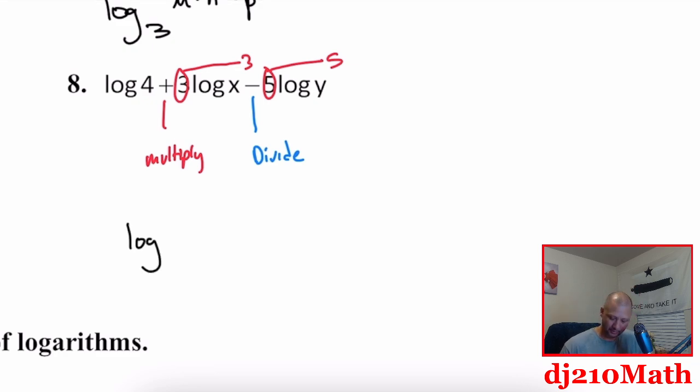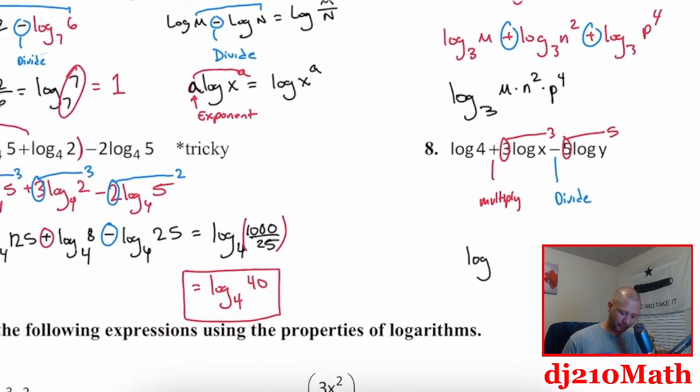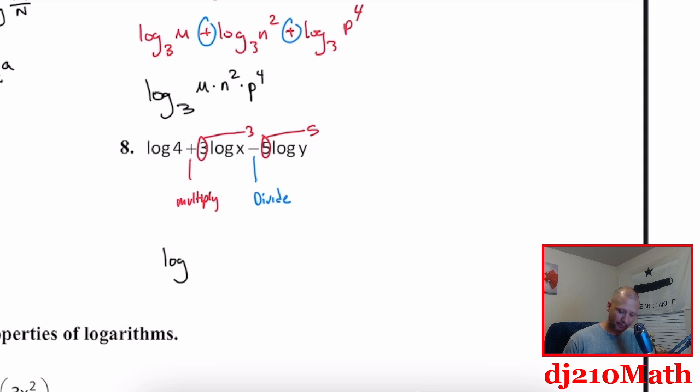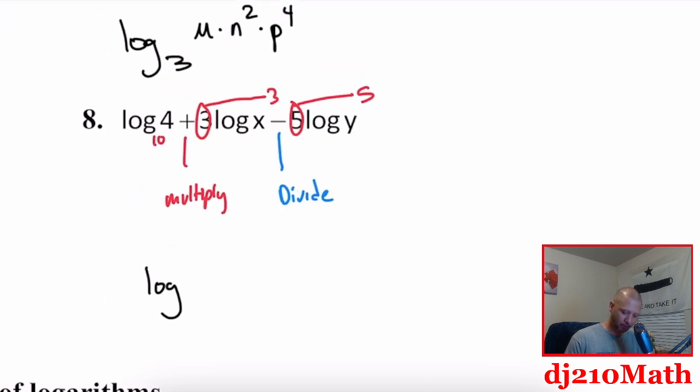There's no base. Just, I want to point something out real quick. Notice how in all of these, there was base 4, whatever the base is. Whenever there's no number, the whole world knows that there's 10 there. But we don't write 10 ever. You just leave it blank.